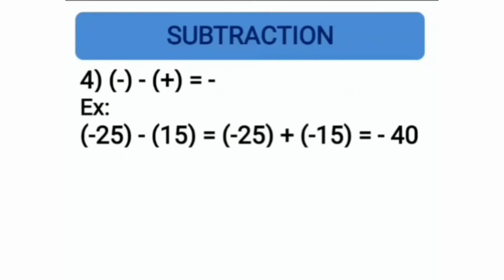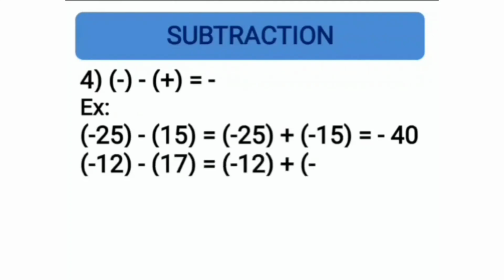So minus 25 plus minus 15 gives minus 40. Another example is minus 12 minus plus 17 is equal to minus 12 plus minus 17. So minus minus gives minus, as minus 29.